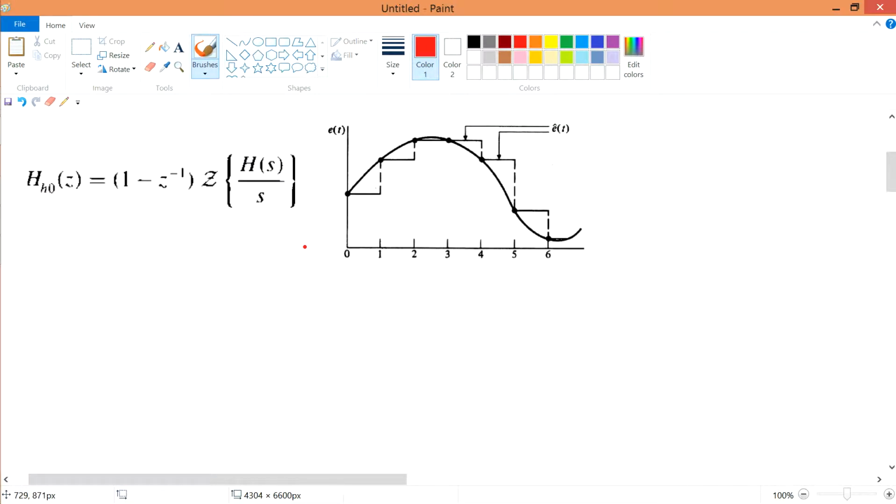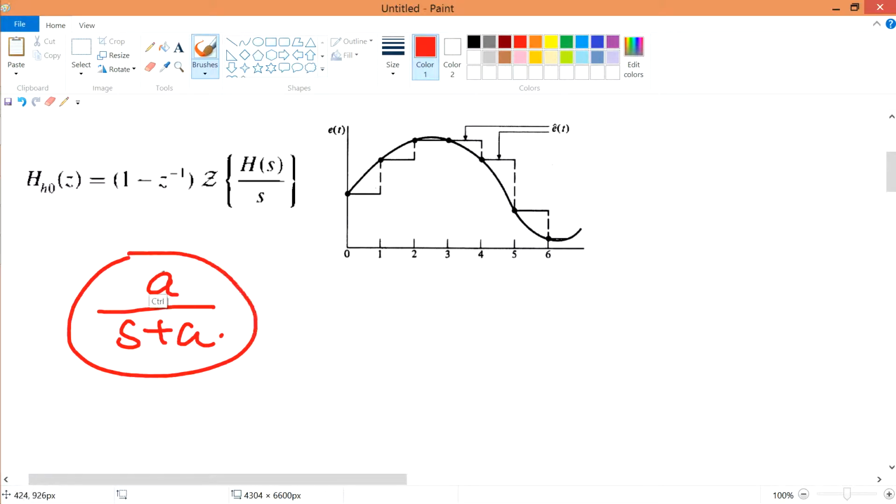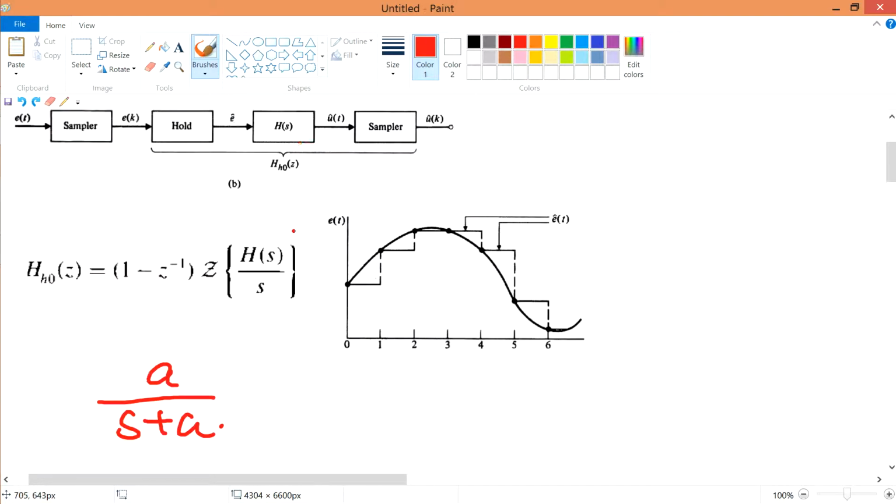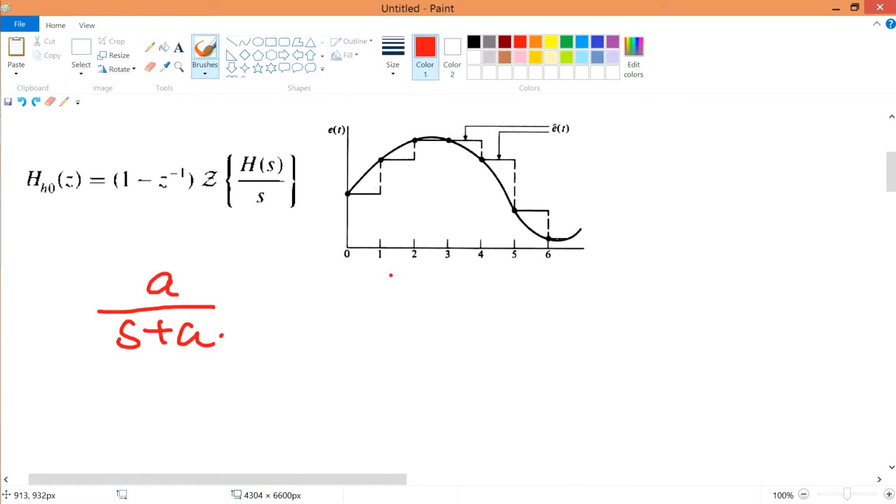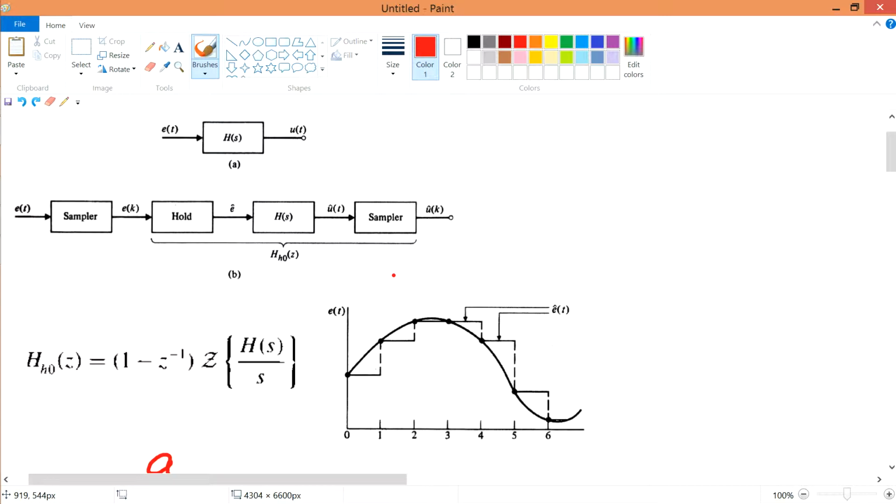Let's continue with the zeroth order hold. If you were asked to settle this equation, a over s plus a, for example, which is your low pass filter, and you want to zeroth order hold this and output it to a digital one, you actually convert to digital already.